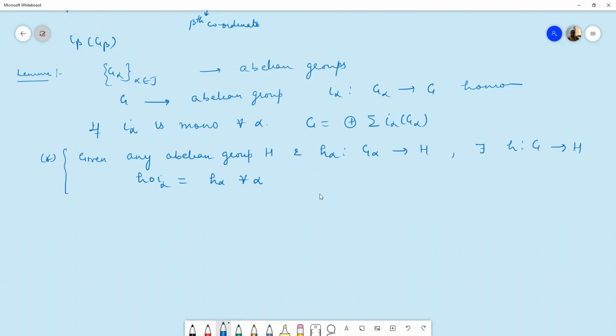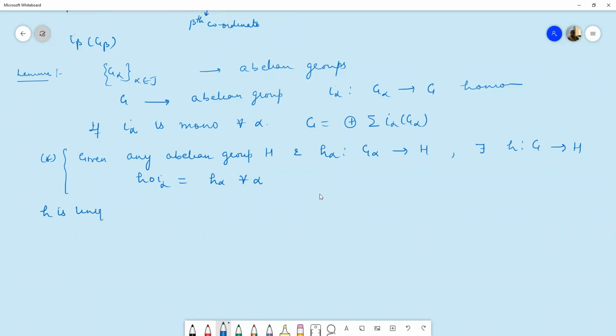In the previous extension condition, we proved that H restricted to G alpha. But here we want to prove that H restricted to I alpha, G alpha. So that's why we are saying H circle I alpha is H alpha. And furthermore, this homomorphism H will be unique, and the converse is also true.